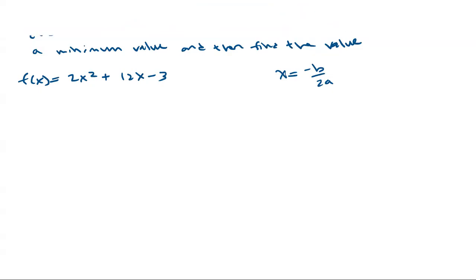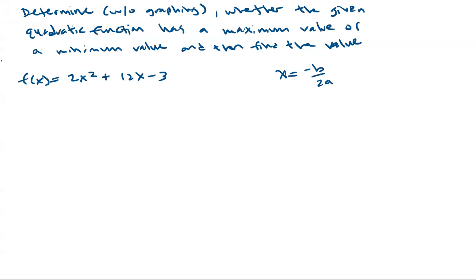All right. So first we need to identify our letters. So this is our A value, here's our B value, and then here's our C value. And then we just use this formula. So we plug it in. Again, we're trying to find that maximum or minimum value. So B in this case is 12, so we'll have negative 12, and then 2 times A, which is just 2.